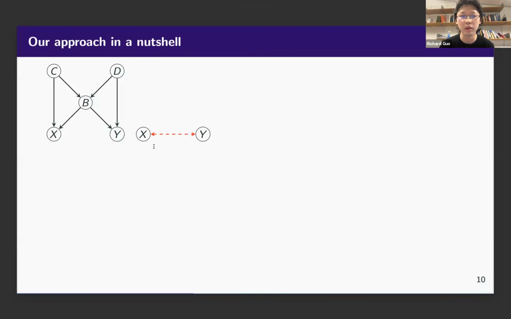This symbol simply means there could be potential direct confounding between X and Y. In the next step, I'm going to introduce this variable B. By the introduction of B, this potential confounding between X and Y is gone. B is introduced into the canvas, and at the same time, I need to draw new edges between B and X and between B and Y, indicating that there could be potential confounding between B and X and between B and Y.